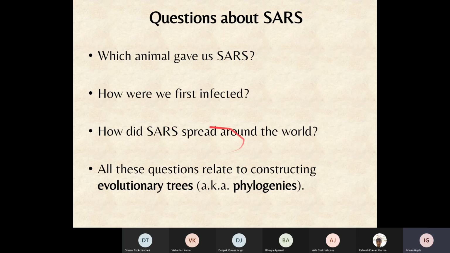So when you talk about the spread of the SARS virus around the world, the way that you can say that, okay, India was the origin of, let us say, the Delta variant, is because the sequence of the Delta variant was first found in India, and then later on it was found in other places. Right. So who was first infected? The first people infected seem to be the people in Wuhan, in China, for example. I'm talking about COVID-19.